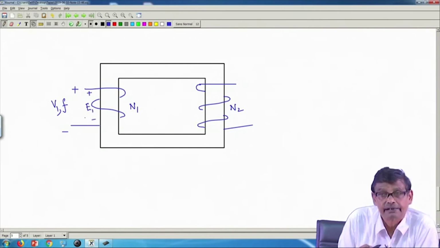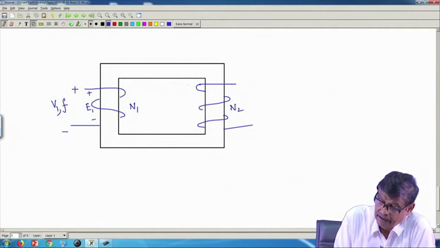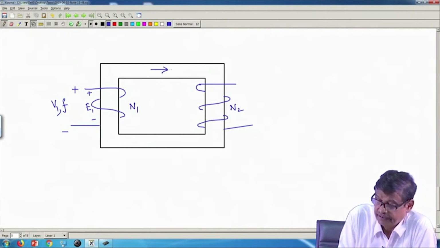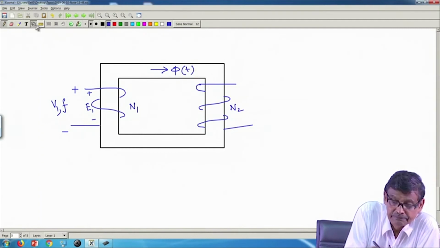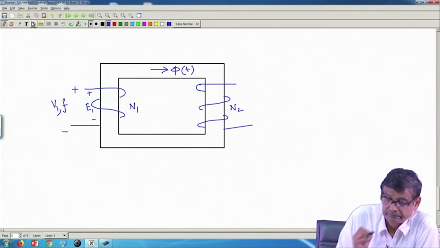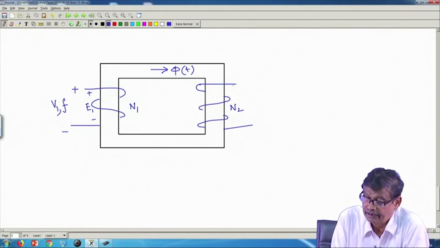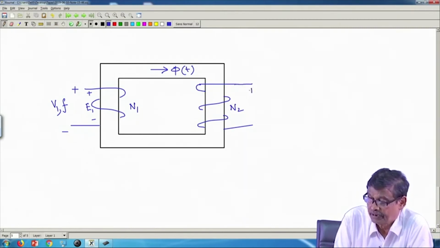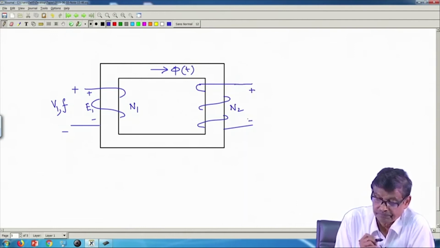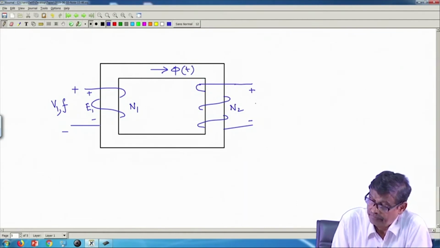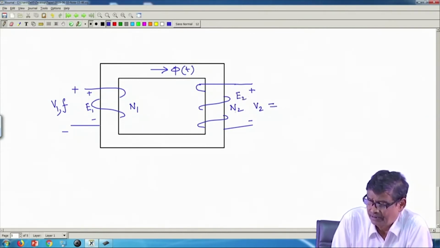Here also I applied Lenz's law, and the flux in the core is phi t. Then these two terminals also become a seat of EMF. The value of this voltage V2 is nothing but E2 only, V2 is the terminal voltage. There is no distinction between V2 and E2 right now.